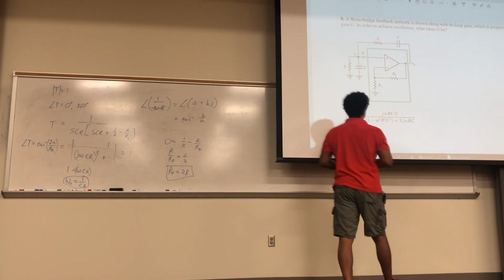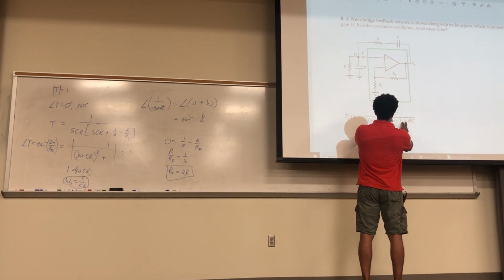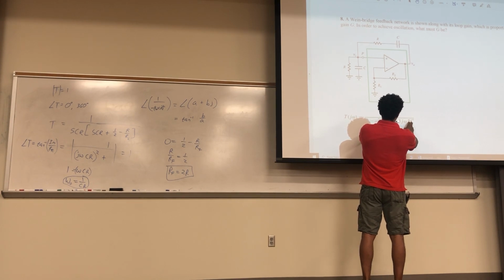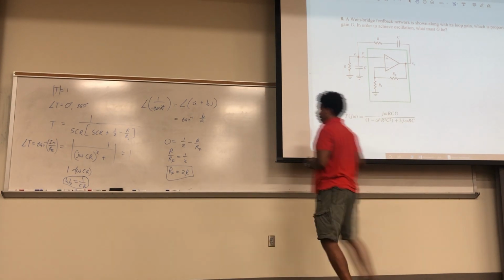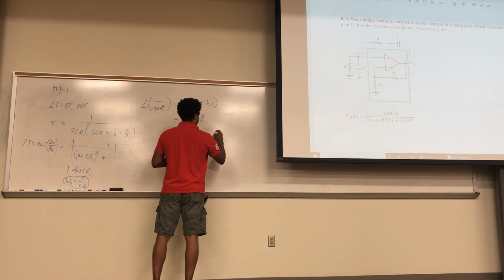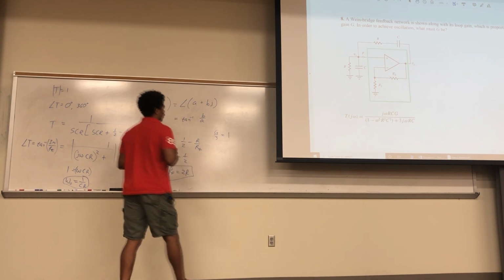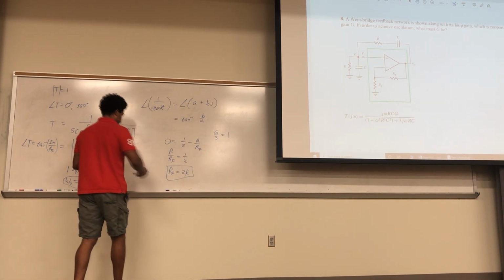In order for that to be set to 1, the J omegas are going to cancel, the R and Cs are going to cancel, so we just have G over 3. So G is going to be 3 in that case.